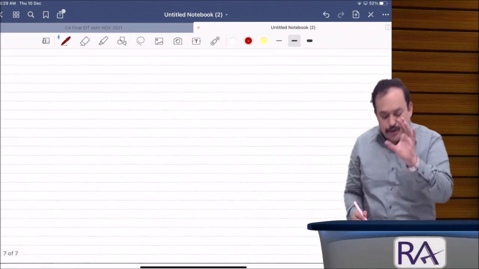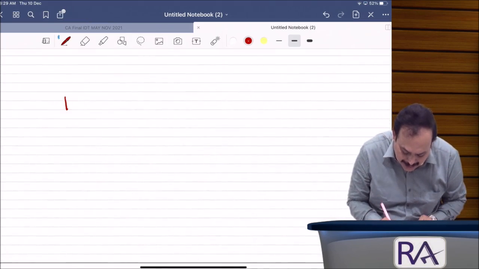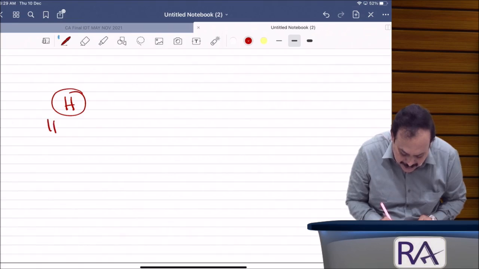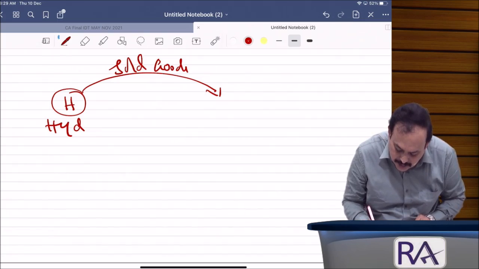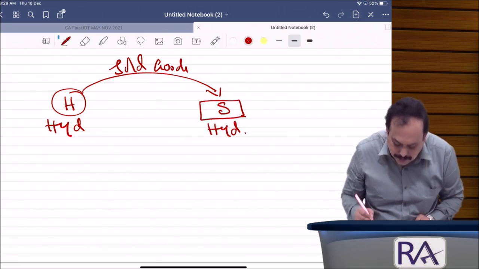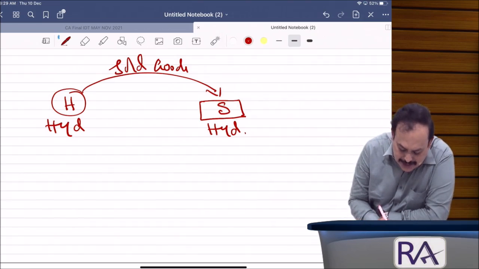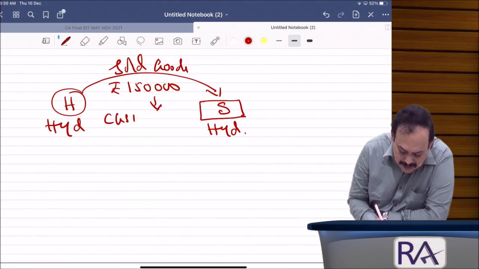Assume a scenario that H of Hyderabad sold those goods to, let us say, S of the same Hyderabad, for rupees 1,50,000. Then he is liable to pay CGST and SGST at 9% each. Am I right, sir?